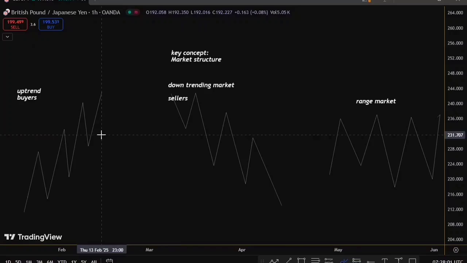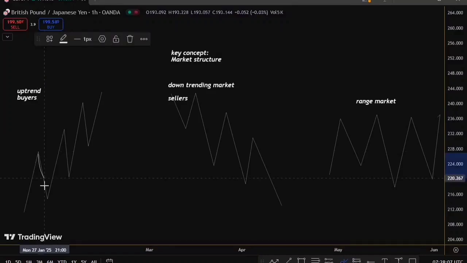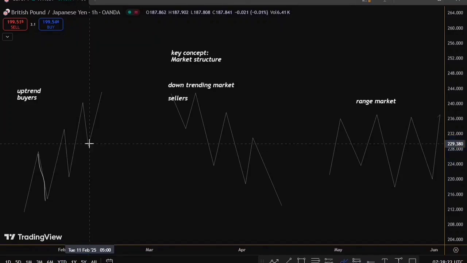The correction is more like a retracement phase where sellers get involved to push price lower for buyers to join in again. That is simply what a correction phase is. This is just the basic market structure.